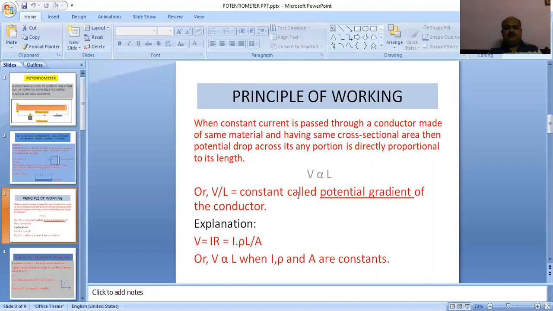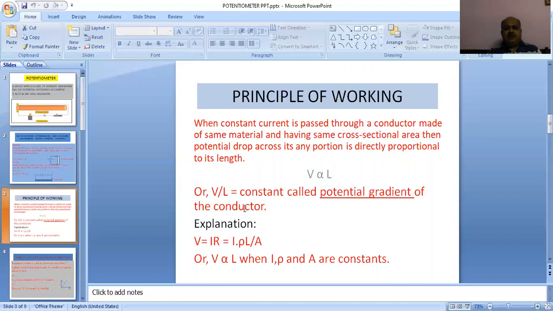And this constant is called potential gradient of the conductor. One thing which is very important is that for a potentiometer, potential gradient is constant.